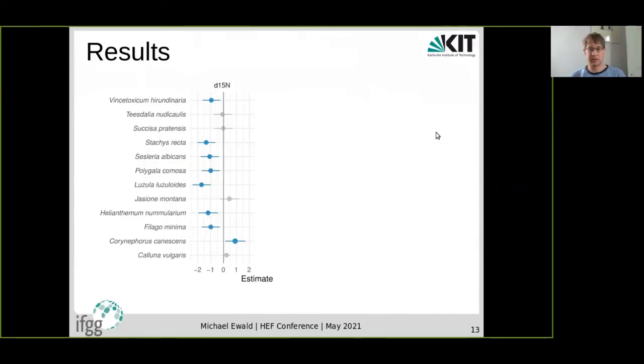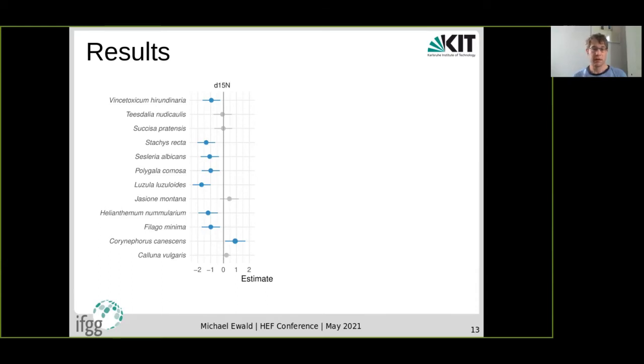Here we see the results for the delta 15N values. For the delta 15N values, we assumed that a nitrogen-saturated system has more losses of nitrogen, and we assume that this escaping nitrogen is isotopically lighter than the remaining nitrogen in the system, and that's why we expected higher delta 15N values in systems that have a higher nitrogen saturation.